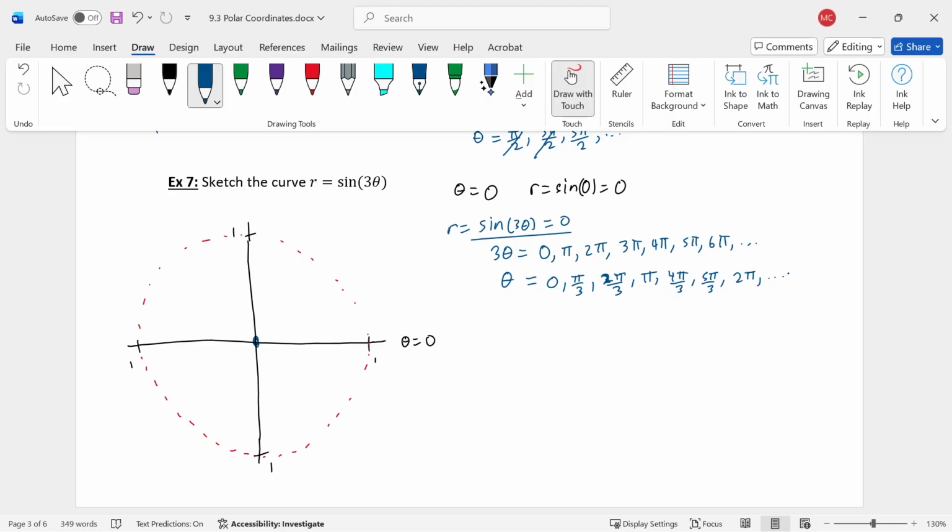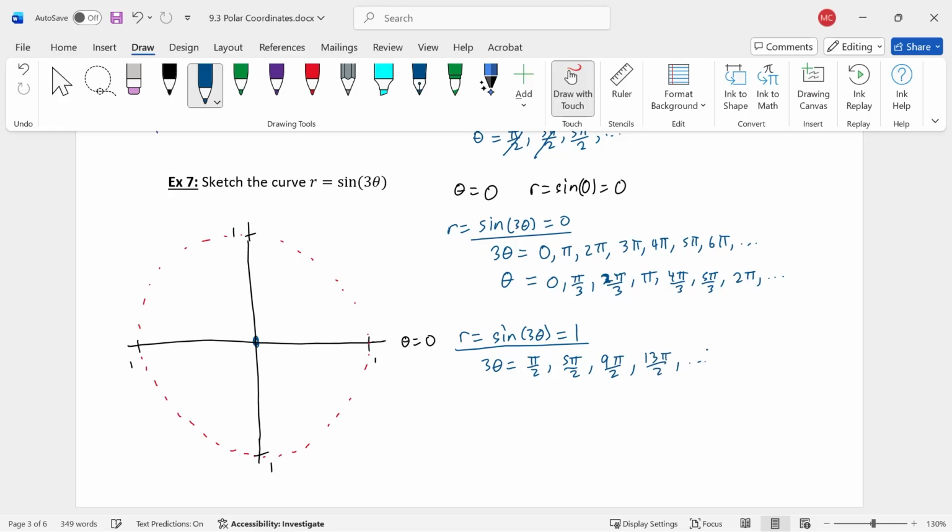All right, and now let's consider when sine of 3 theta is going to be 1. I know that when I start at 0 and start increasing my angle, sine starts increasing towards 1. So when is this thing going to be 1? That's when 3 theta is pi over 2, or if I add 2 pi to that, 5 pi over 2, or 9 pi over 2, or 13 pi over 2.